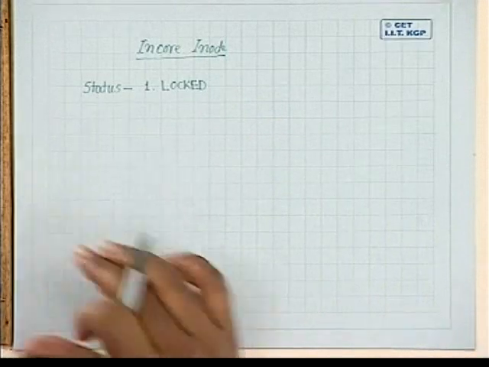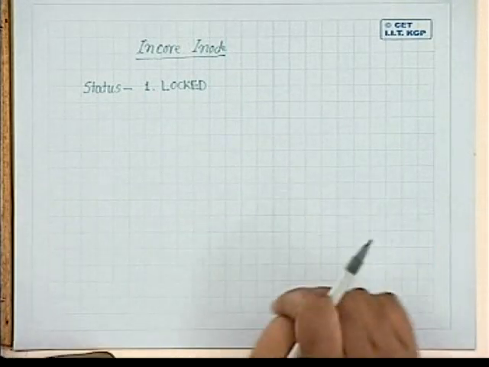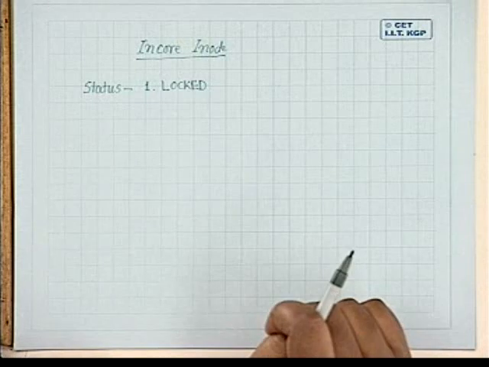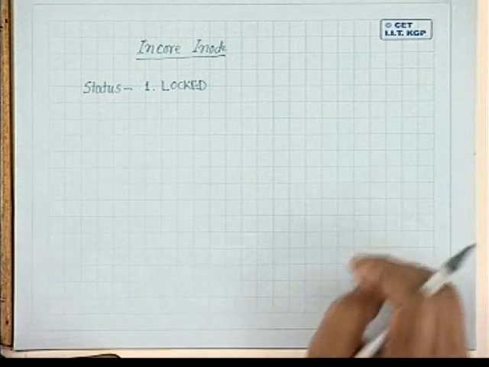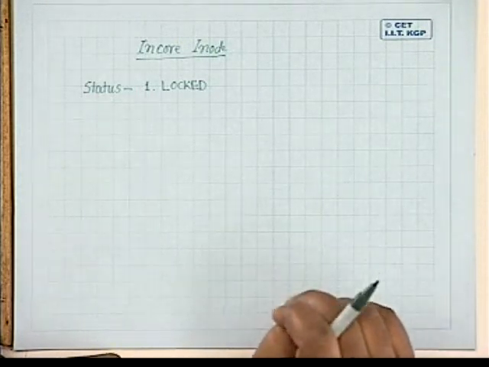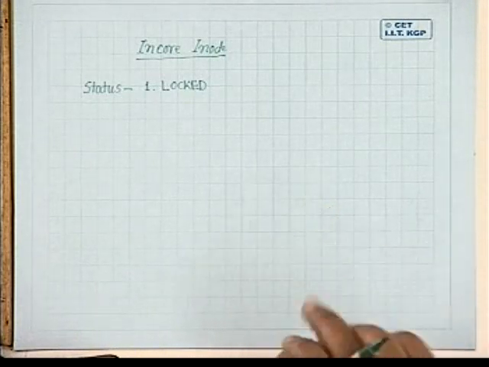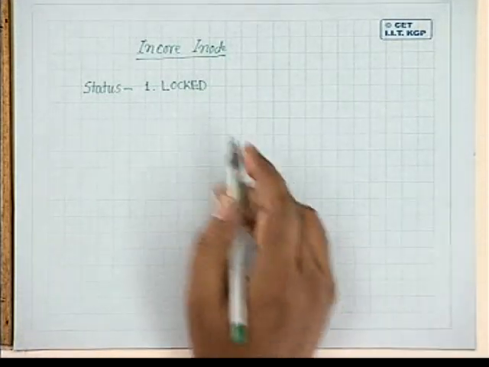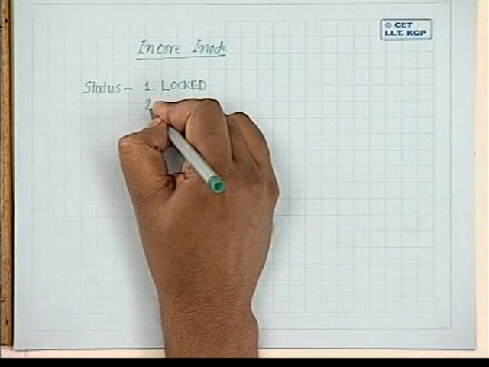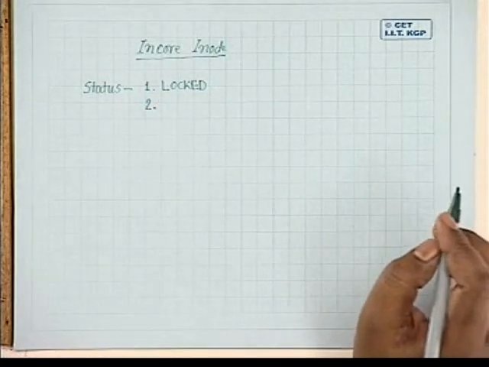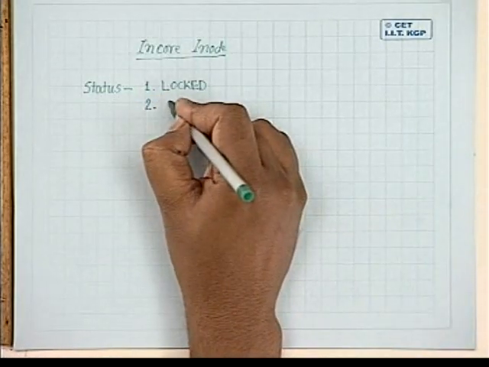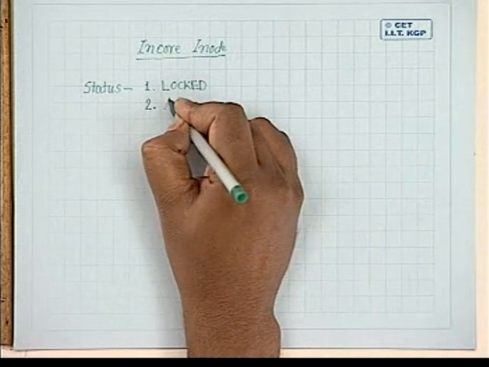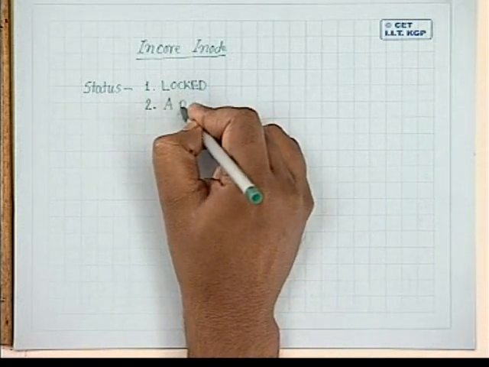In this case the inode will be locked, so that if any other process tries to access the same inode, that process has to wait until it is unlocked by the process which has already acquired the inode. The second information that will be present in the status field is that one or more processes are waiting for this inode to become unlocked.